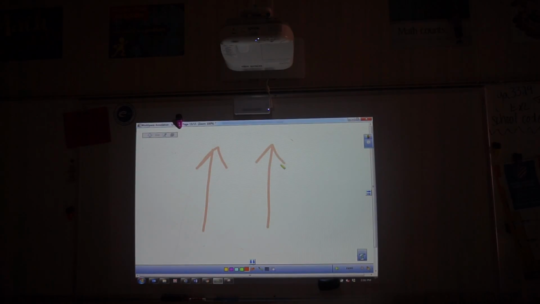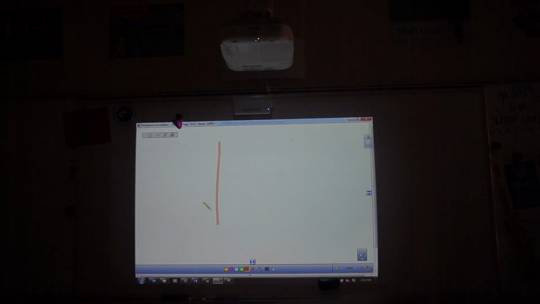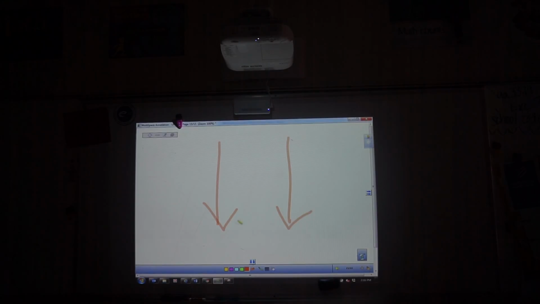It's gonna go up. We would say this is a positive relationship. Now think about it. If I eat less, so the amount of food I'm eating goes down, what should happen to my weight? It should go down. They're both going in the same direction. Negative, negative is a positive relationship.